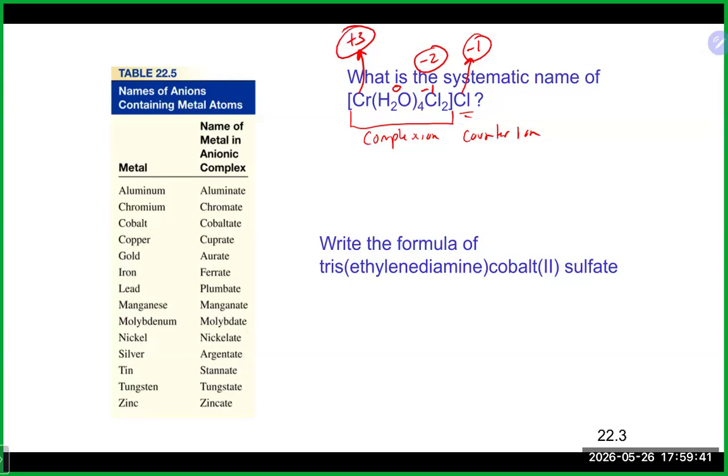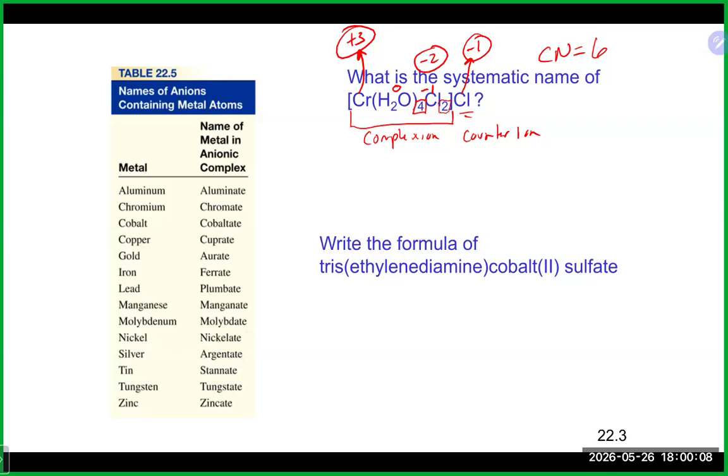In terms of our coordination number, it would also be 6. There are 4 waters, each binding through 1 oxygen per water, and there are 2 Cl's attached to it. So that's a grand total of 6 atoms directly attached to the metal in the middle of our complex ion, giving us a coordination number of 6.